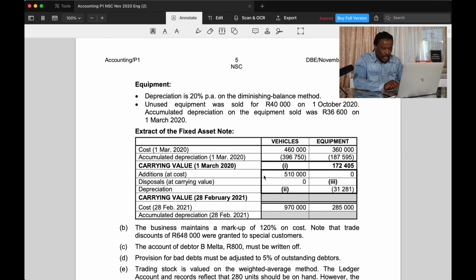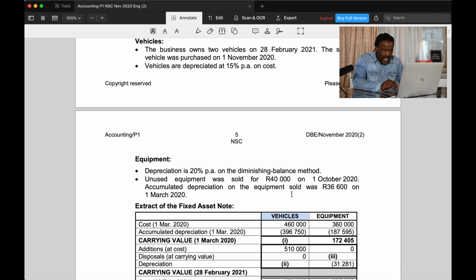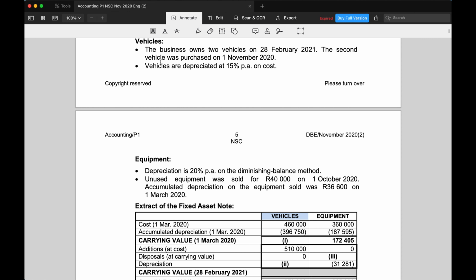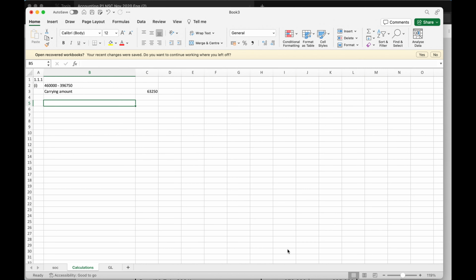It's Roman figure 2, where on these vehicles we must calculate the value of depreciation. And we know that depreciation on vehicles is at 15%. We also know that the company owns 2 vehicles, and the second one was purchased on 1 November. If it was purchased on 1 November, we know that there are additions of 510,000. Now we are required to calculate the value of depreciation.